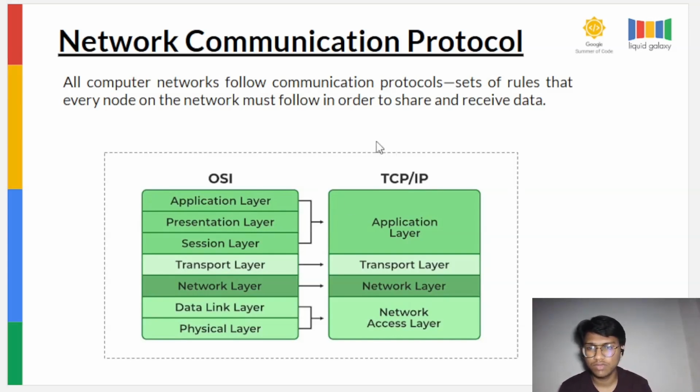You can see the TCP/IP here: four network layers, application layer, transport layer, network access layer. But there is an OSI model. We will talk about both of these in the next slide. It has seven layers, each with a specific role, making it easier for engineers to understand how networks work. So let's talk about them one by one.